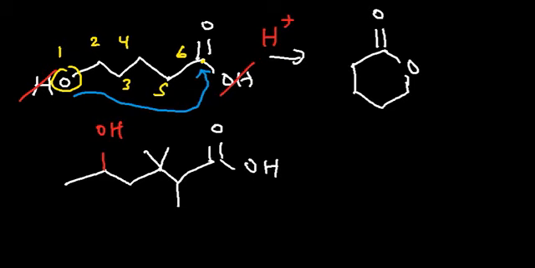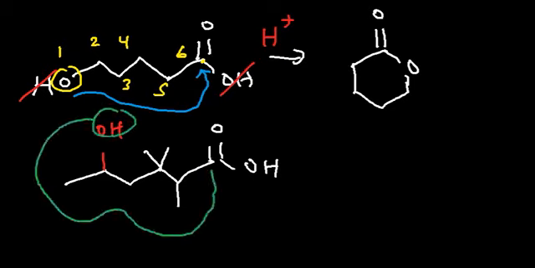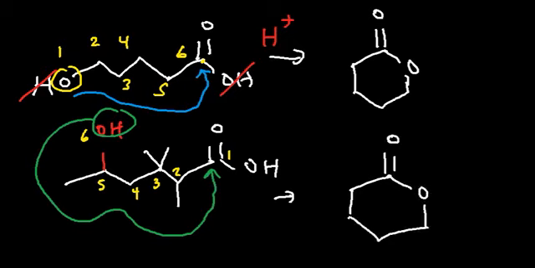Now in the next example, we know this alcohol is going to combine with this carbon. And if we count it, let's say this is number 1, 2, 3, 4, 5, 6. So we have another 6-membered ring. However, we have a few substituents on that ring.